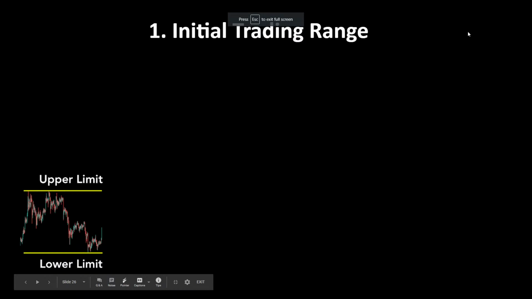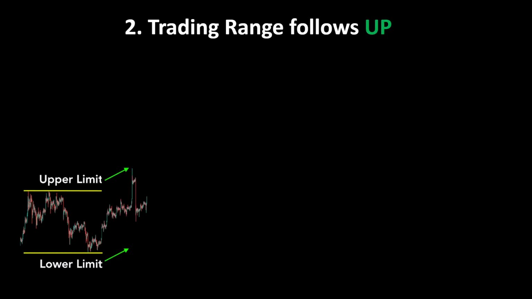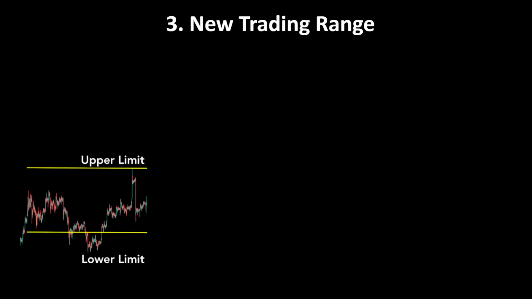So let's assume that this was your initial trading range, which is defined by the upper limit and lower limit prices. What happens next is that the price breaks the upper limit over here and establishes a new higher high. When you have the trailing up instrument on, your trading range will automatically follow the market rally and be adjusted accordingly.